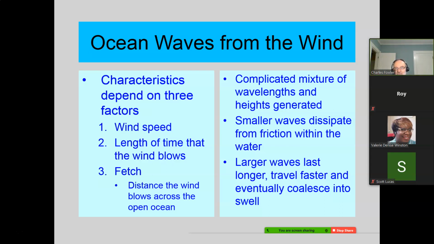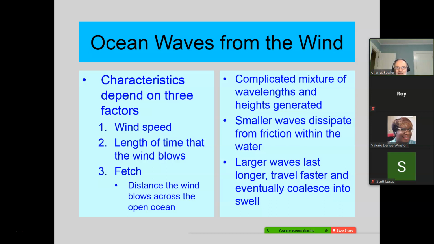Kinetic energy is 1/2 the mass times the velocity squared. So that's why wind speed is so important, because of the velocity squared. You double the speed, you get 4 times the energy involved, 4 times the work that it's doing. So wind speed is a very big contributor to your wave structure.